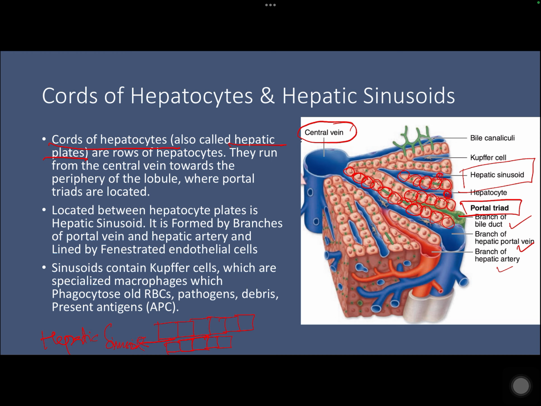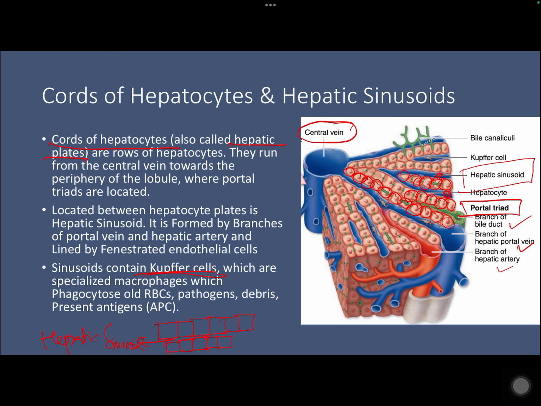This hepatic sinusoid is basically a blood vessel. It is a very important area because it is the home for Kupffer cells. These hepatic sinusoids contain Kupffer cells.